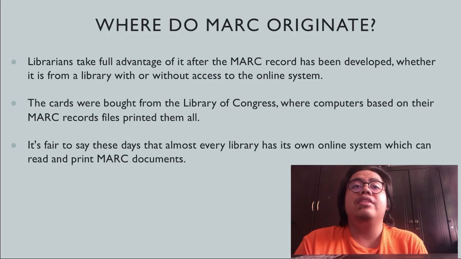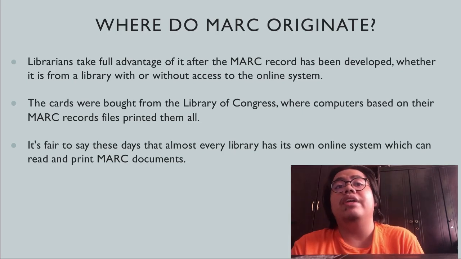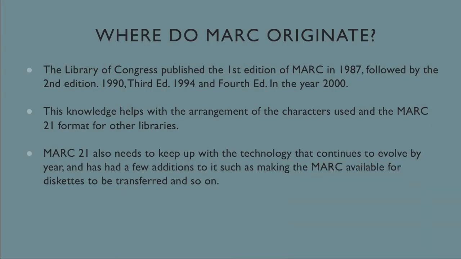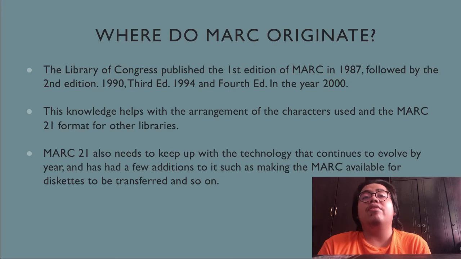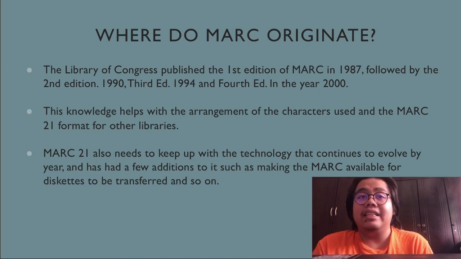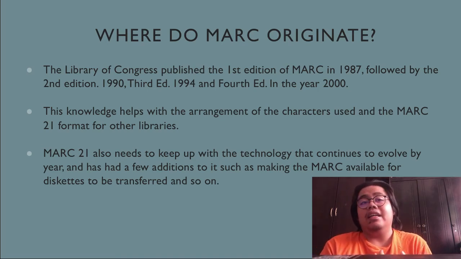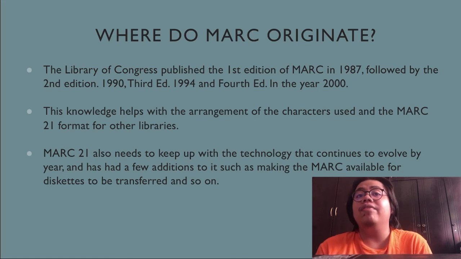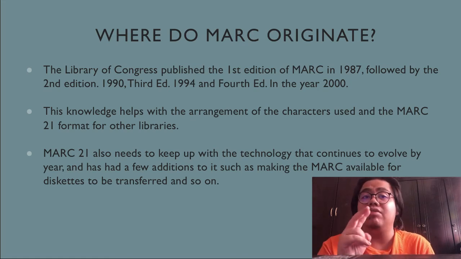It's fair to say these days that almost every library has its own online system which can read and print MARC documents. Furthermore, the Library of Congress published the first edition of MARC in 1987, followed by the second edition in 1990, third edition in 1994, and fourth edition in the year 2000.